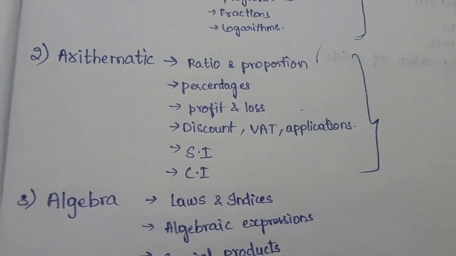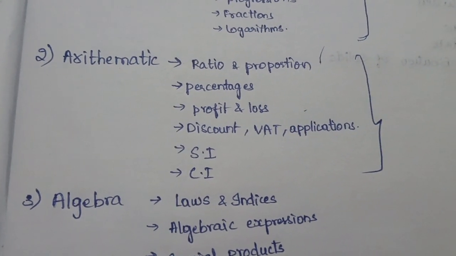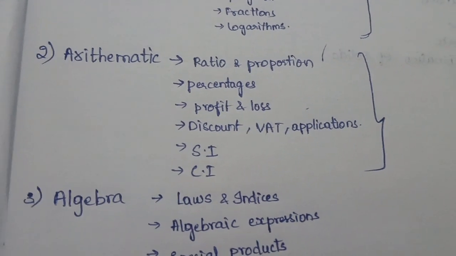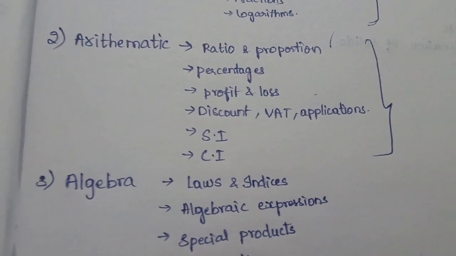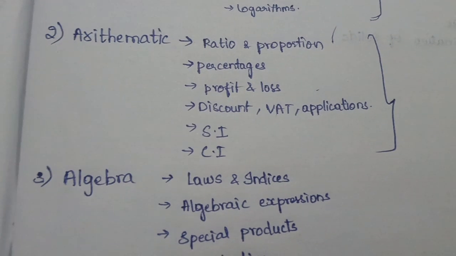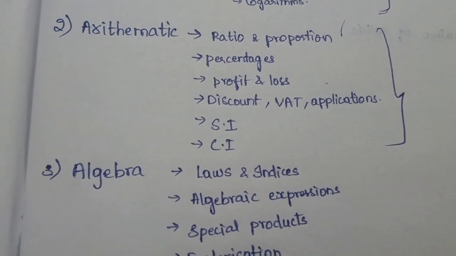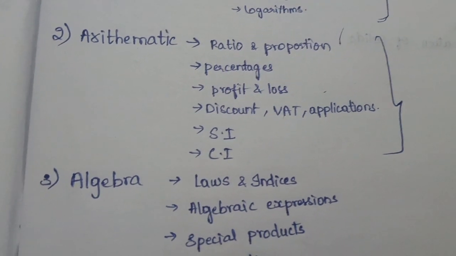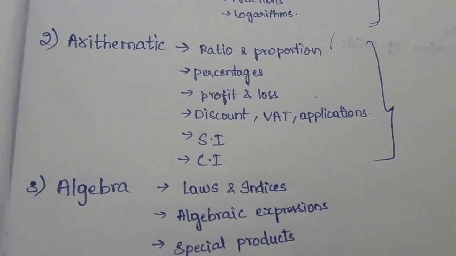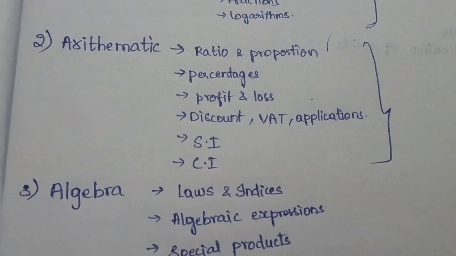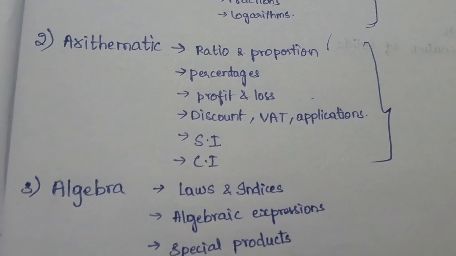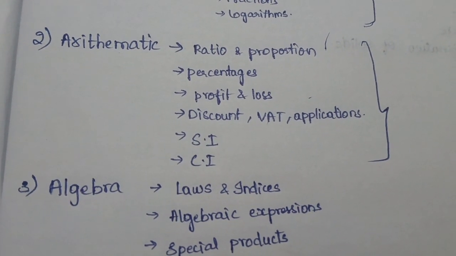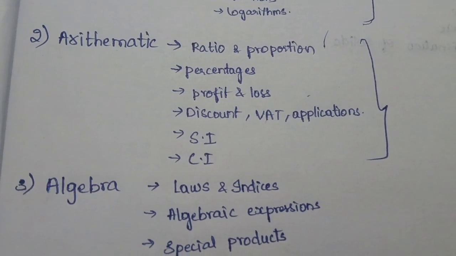For example, if 1 kg of sugar costs 45 rupees, what does 2.5 kg of sugar cost? My dear people, I'll make you understand the topic in this way very easily. Arithmetic includes ratios and proportions, percentages, profit and loss, discount, VAT applications, simple interest, compound interest, etc.